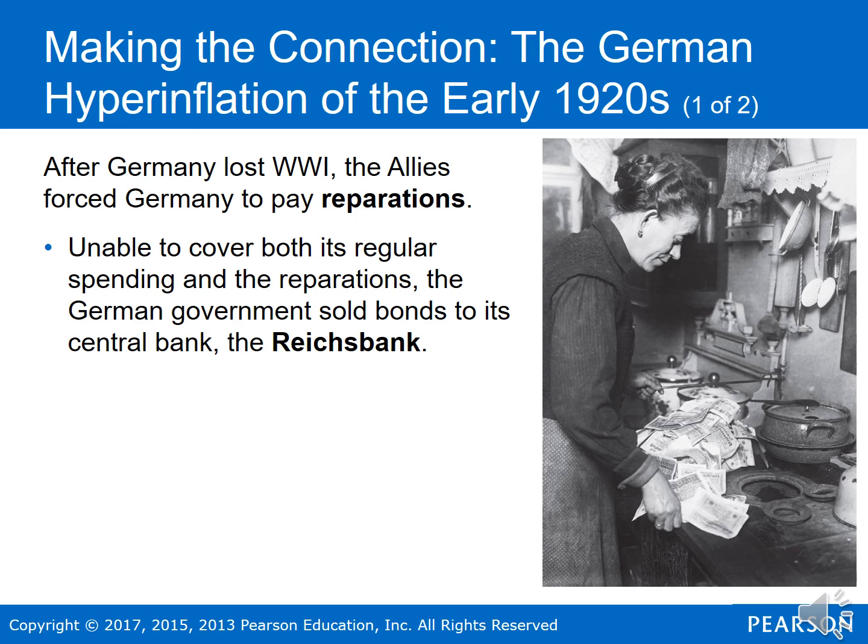And just as the quantity theory of money would predict, the result was an insanely high rate of inflation. The price index in Germany stood at 100 in 1914. It was 1,440 by January 1922. By December of 1923, it had risen to 1.26 quadrillion. So this is a massive increase.